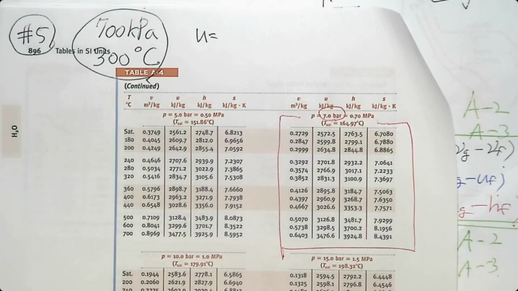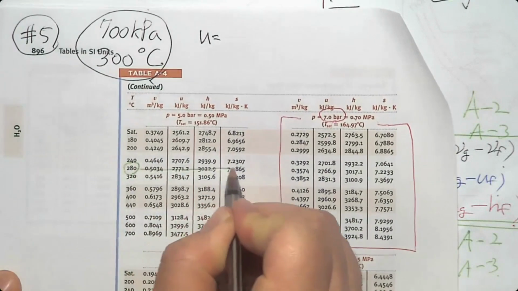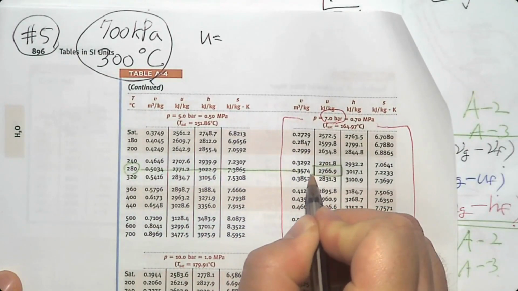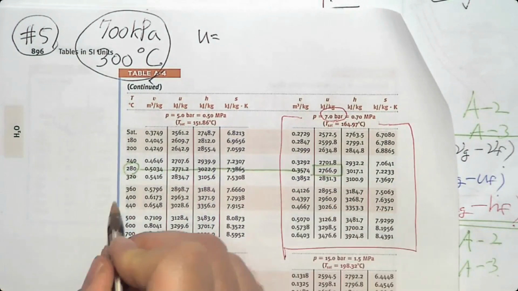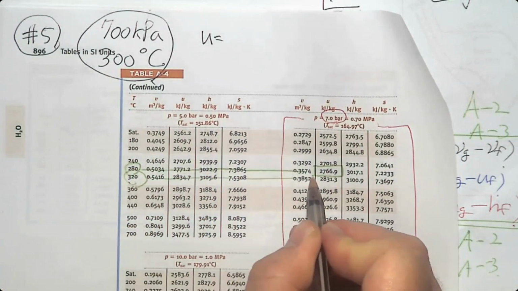So there is no 300. If it is 280, internal energy U is going to be this number, 2766.9. If it is 320, the internal energy U is going to be this number.